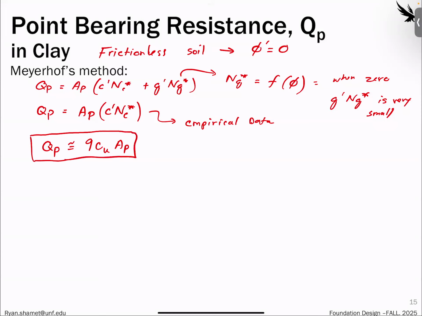So Cu is what we call undrained cohesion, which for frictionless soils is also equal to this thing called Su, which is the undrained shear strength.